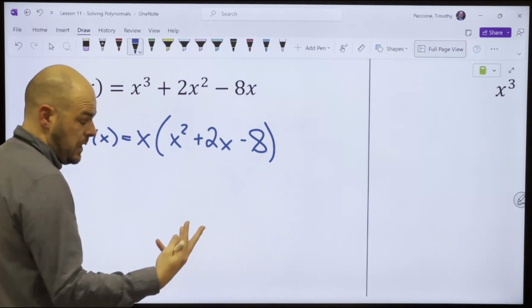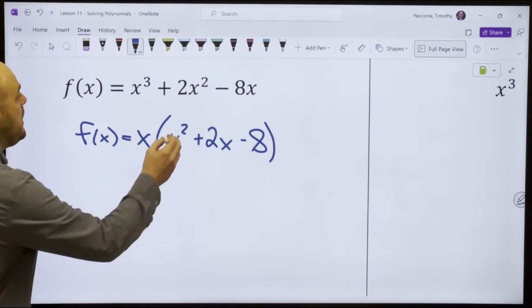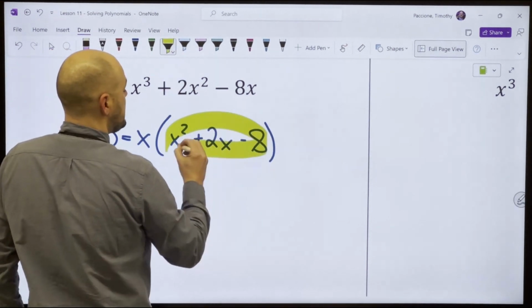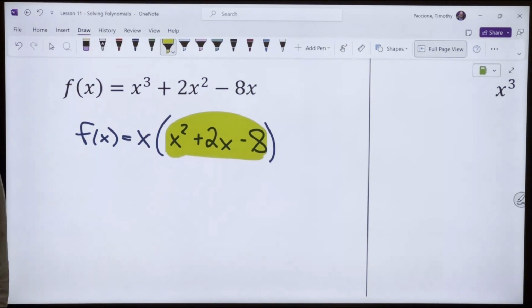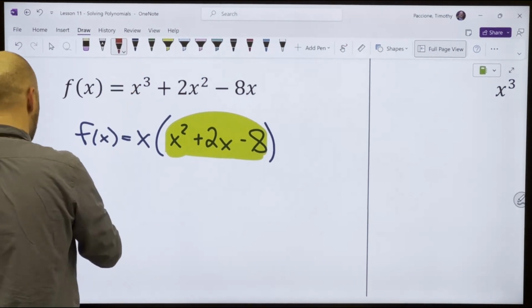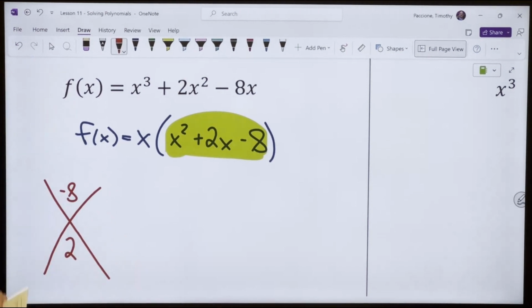Now, when you GCF, you have begun factoring. You've broken it into the multiplication of smaller things. But you always ask yourself, what's left inside, can I keep going? Is there any more I can do? Yes, this is a regular classic quadratic, so we're going to try magic x, right? I have minus 8 on the top, 2 on the bottom.